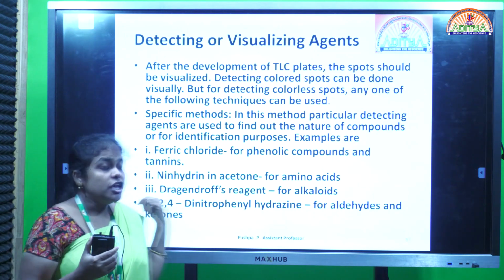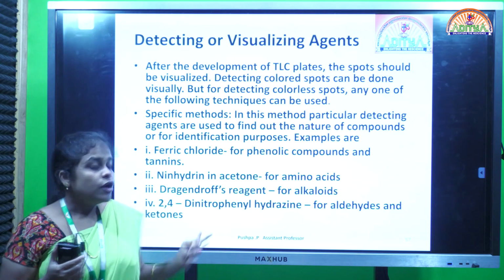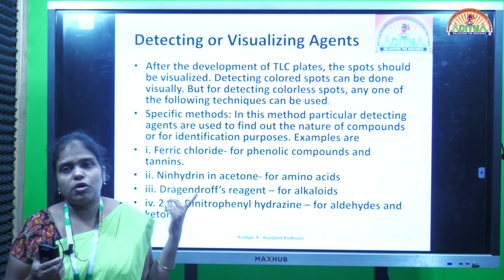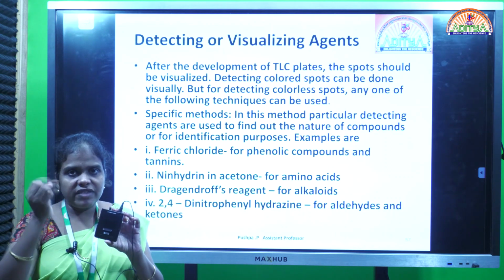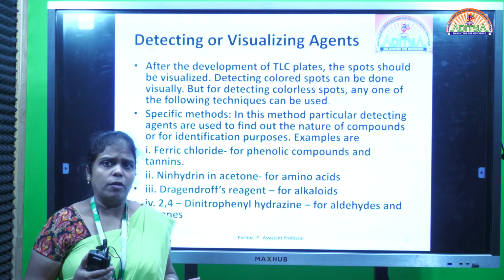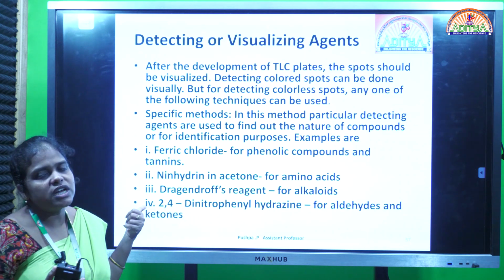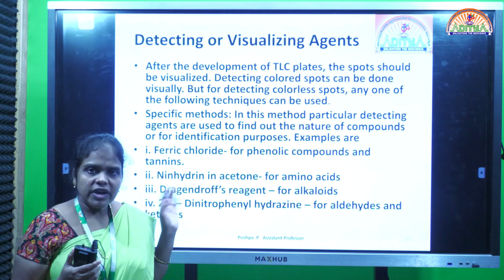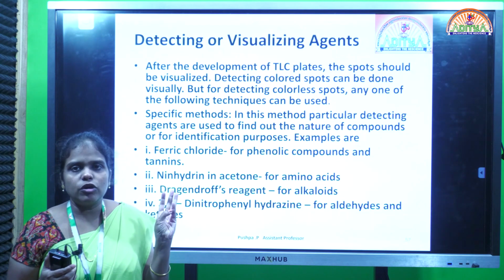For example, if you want to separate phenolic compounds or tannins, we can use ferric chloride as a detecting agent. After getting the TLC plate elution, we apply the ferric chloride reagent. If it is a phenolic compound, it will react with the ferric chloride and give spots, and then we can detect it easily. This ferric chloride can be used only for specific compounds called phenolic compounds or tannins.